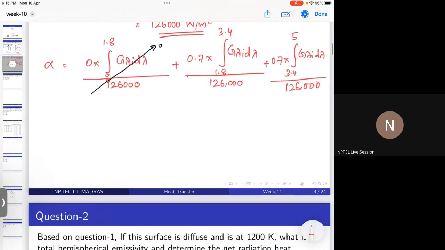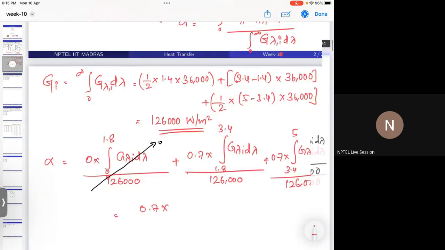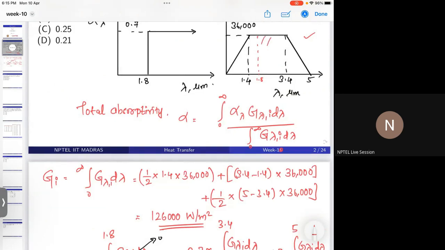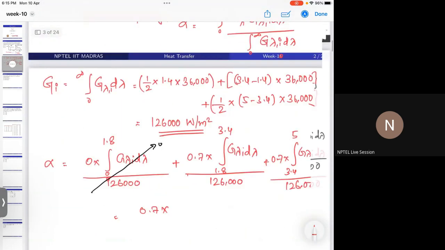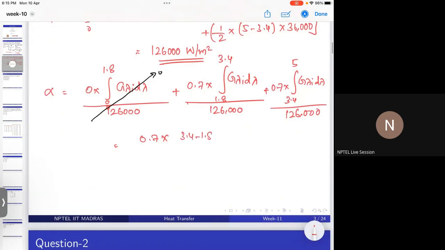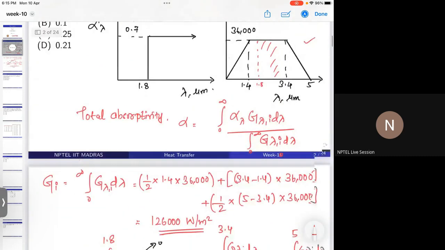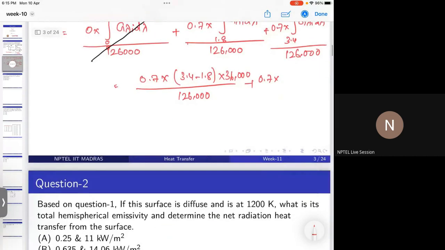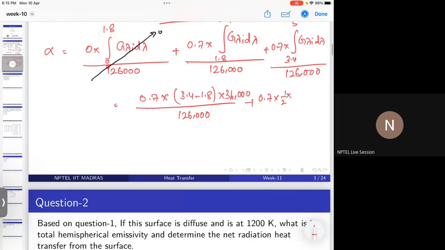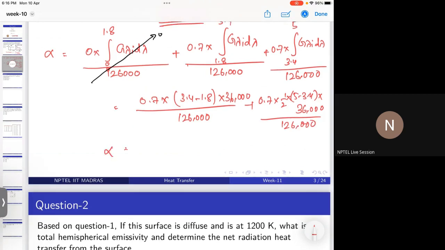So it is equal to 0.7 into this area, 3.4 minus 1.8 into 6000, plus 0.7 into this area, half into 5 minus 3.4 into 6000, divided by 126,000. Can you please calculate and say what this alpha value is?